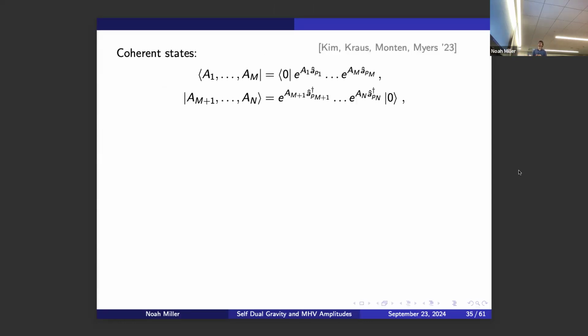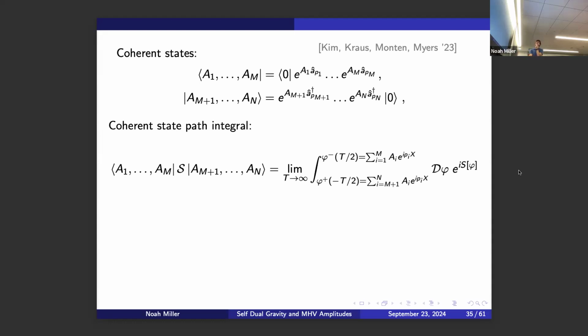And in the free theory, you can have coherent states, which are just given by exponentiating the creation and annihilation operators with certain amplitudes. The S-matrix element of coherent states is given by the coherent state path integral.